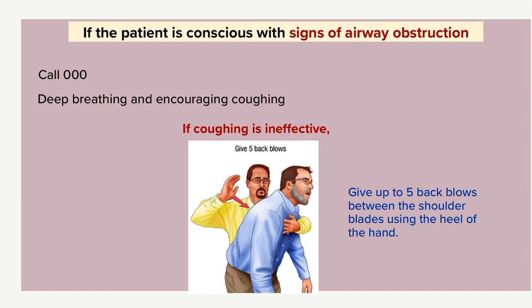In these cases, you have to call 000 and encourage the patient to cough and do deep breathing. If the coughing is ineffective, you have to give 5 back blows between the shoulder blades using the heel of the hand.